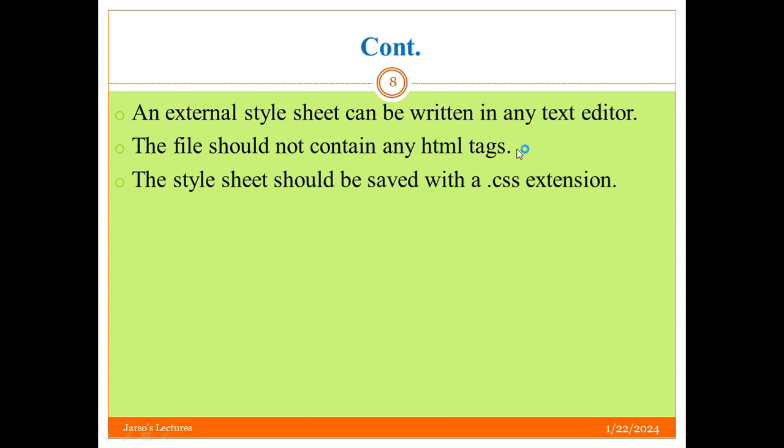This means by a CSS file we can't define any content on the web browser, but rather it is used to define formats for the elements which are already defined by HTML tags. Definition of elements concerns HTML tags, but the decoration, the format, the presentation concerns CSS, or cascading style sheets.